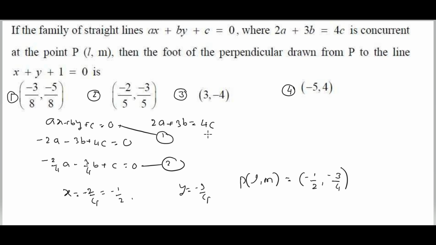Now we find the foot of the perpendicular from P to the given line x plus y plus 1 is equal to 0. So the foot of the perpendicular is h minus x1 by a is equal to k minus y1 by b is equal to minus of ax1 plus by1 plus c by a square plus b square.